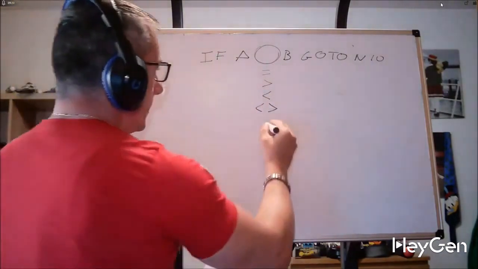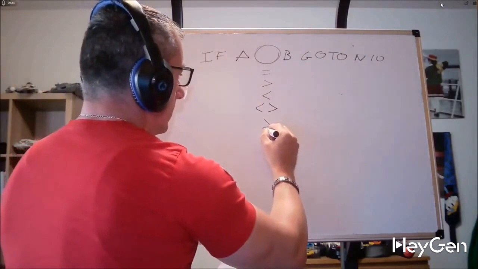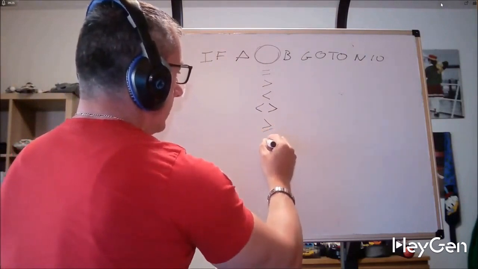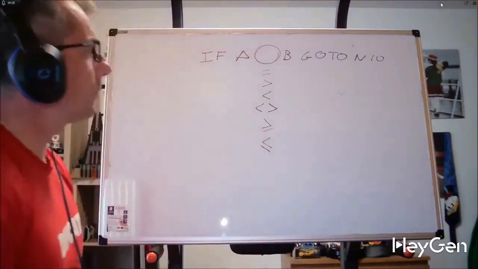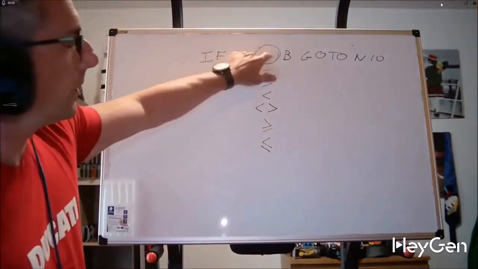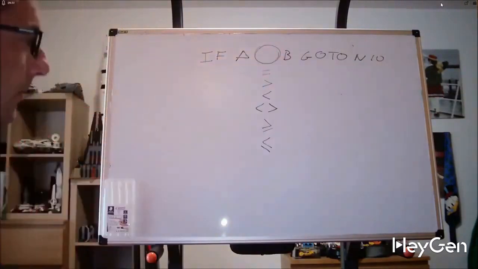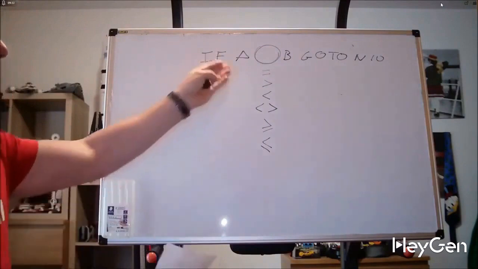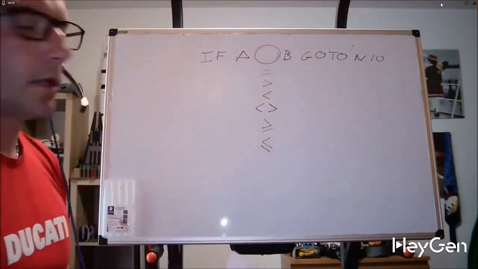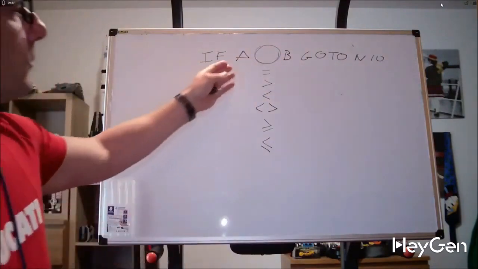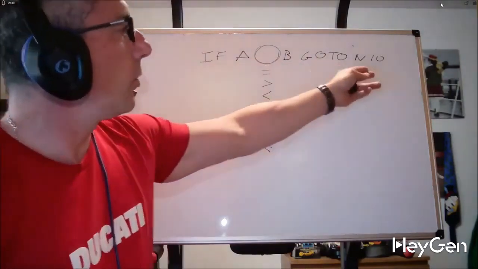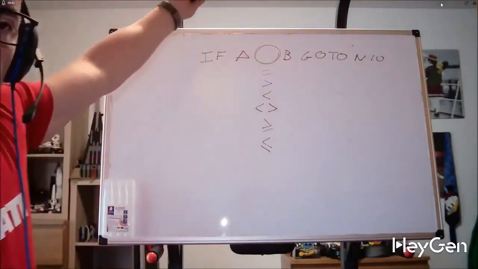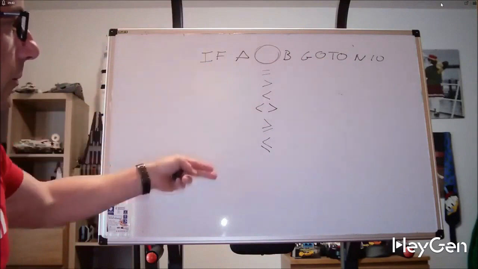These are the conditions that can be checked between A and B. So if A equals B, I go to block 10. If A is equal to B, jump to block 10.